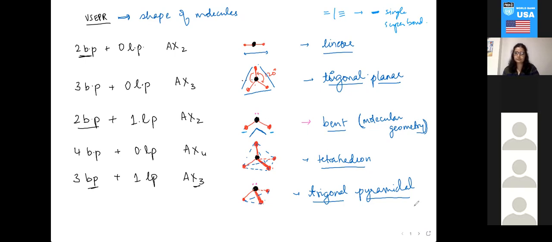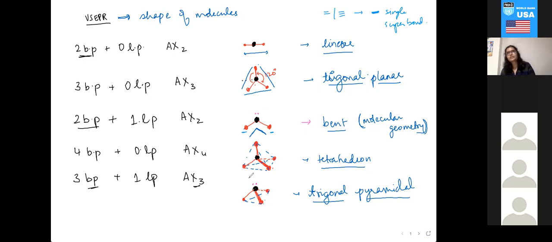What types of questions can we get based on VSEPR? You'll be given a molecule and asked questions related to shape: the molecular geometry, the electron geometry, or the bond angle. For example, in carbon dioxide, what is the shape of the molecule?